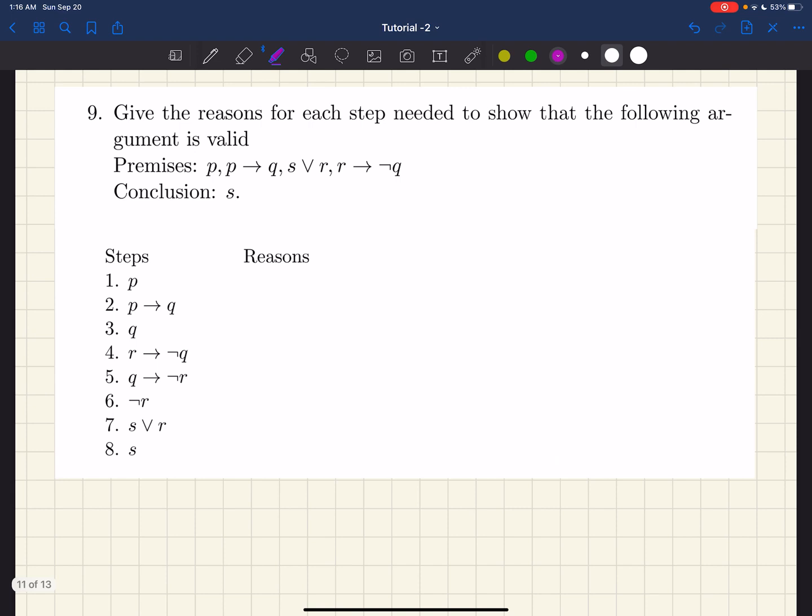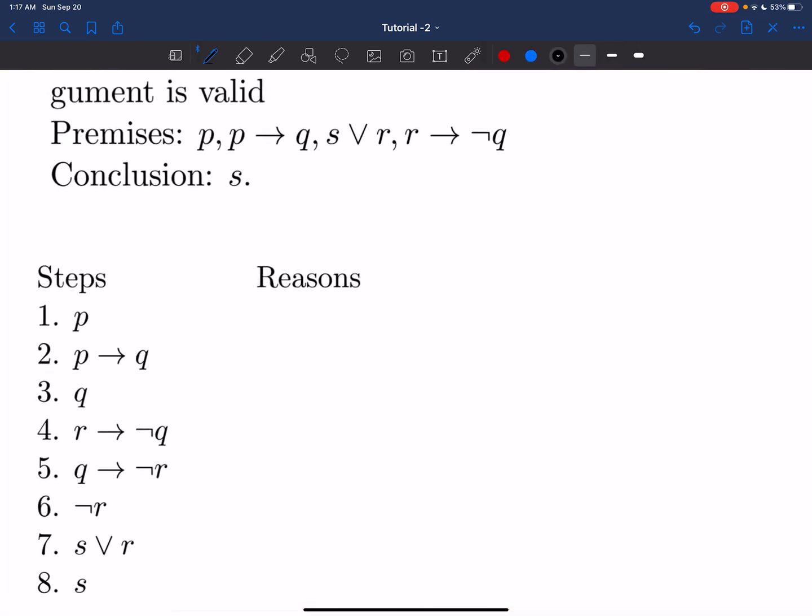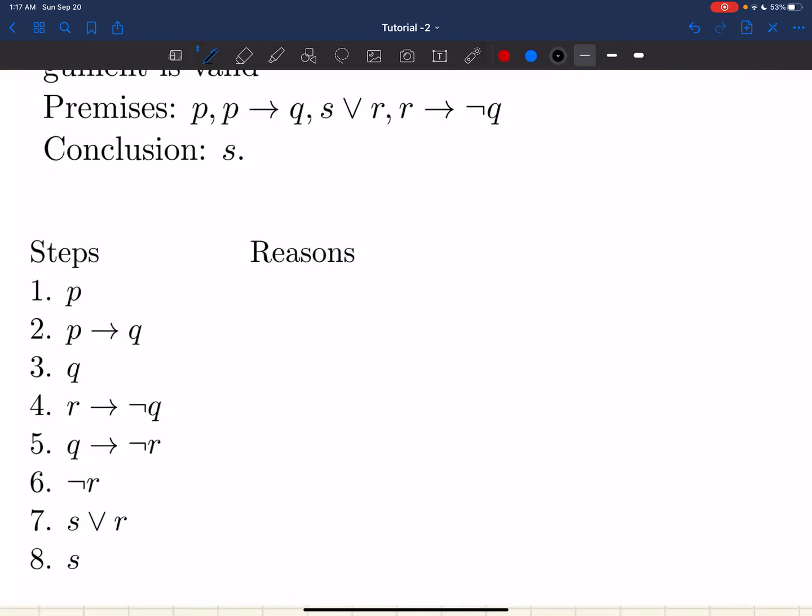Moving on to the next part. The question states: give the reasons for each step needed to show that the following argument is valid. Our premises are P implies Q, S or R implies not Q, and the conclusion is S. Okay. So the first step is P, which is a premise.